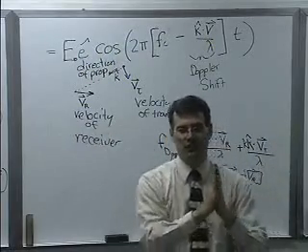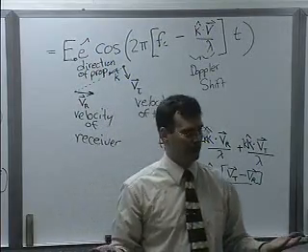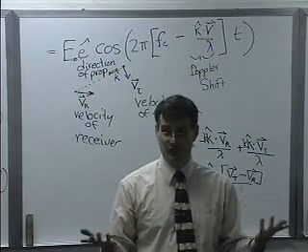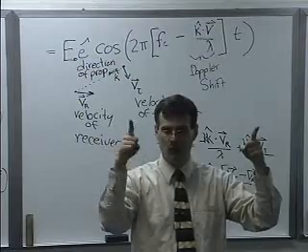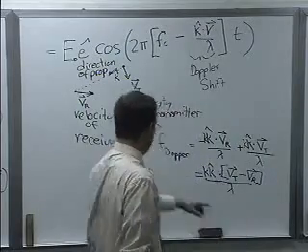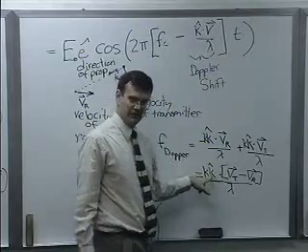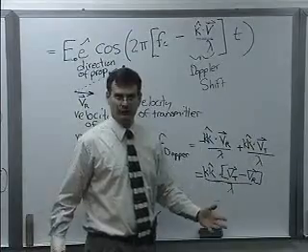That shifts the tone lower. Now, keep in mind, your receiver and transmitter can be moving at a very large speed, but if Vt minus Vr is orthogonal to the direction of propagation, you don't get a Doppler shift, no matter how fast they're moving.